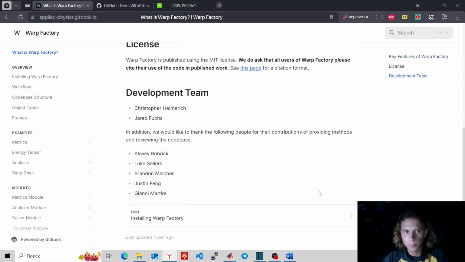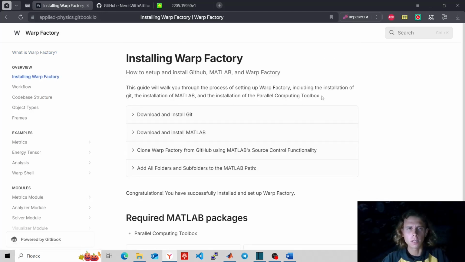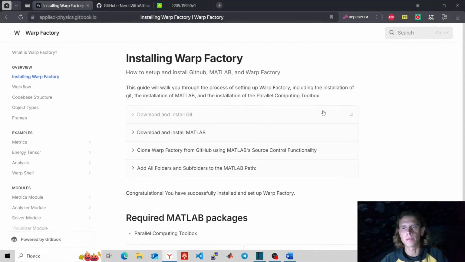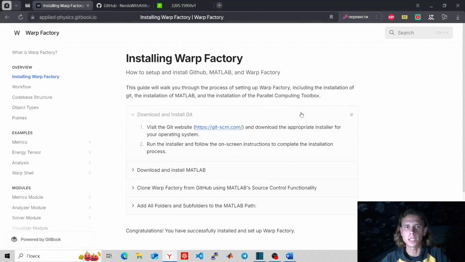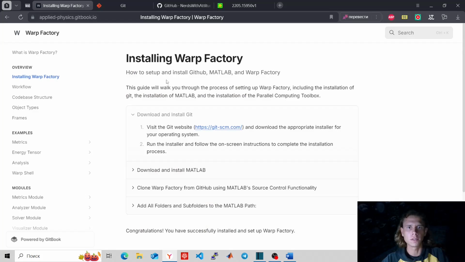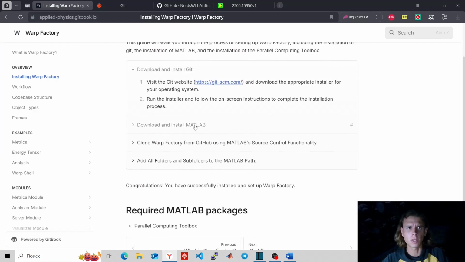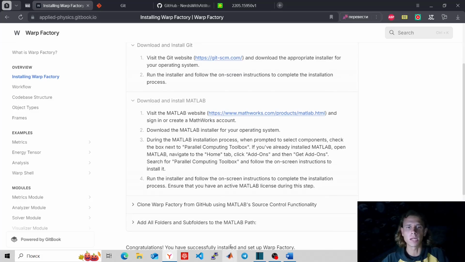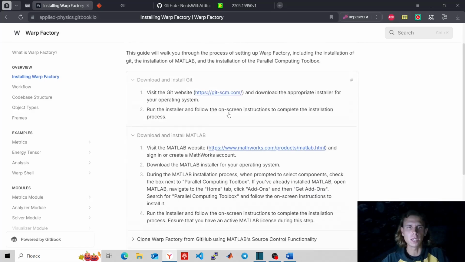Let's now install Warp Factory. To install Warp Factory, we first need to install Git, and you can go through this link and install it on your device. And then you have to have MATLAB. I do have MATLAB, and I also have Git installed.